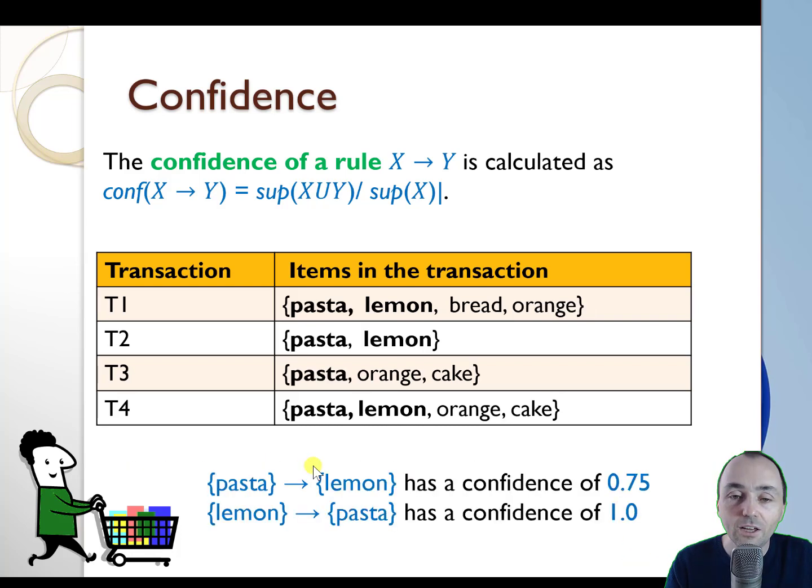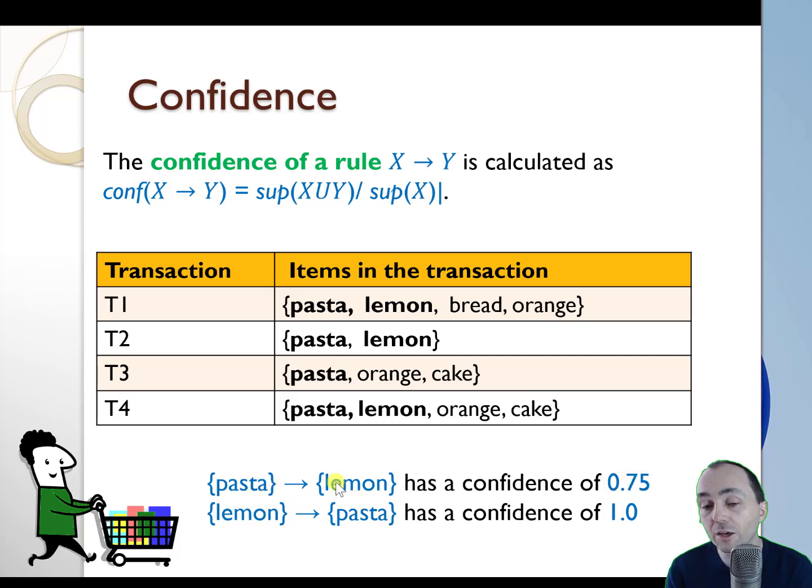Okay. So here I have some more examples for you. Let's look at another rule. Pasta imply lemon. Pasta, lemon together appear 1, 2, 3 times. Divided by how many times we have pasta, which is 4. So 3 divided by 4, the confidence of this rule will be 75%.